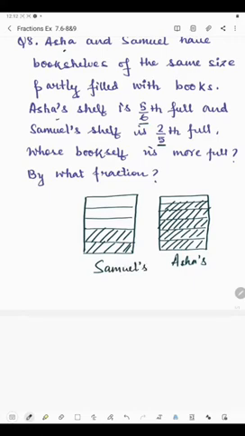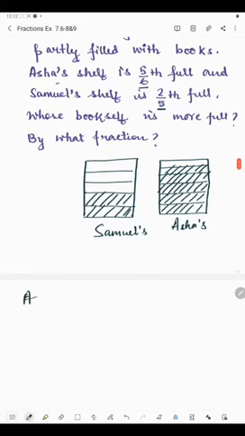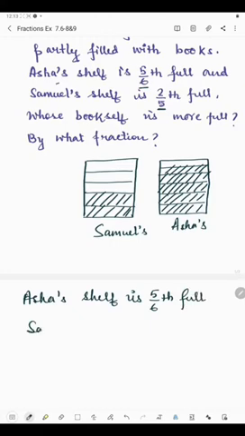Now we will have to find whose bookshelf is more full. For this we have to compare the two fractions. Asha's shelf is 5 by 6 full and Samuel's shelf is 2 by 5 full.